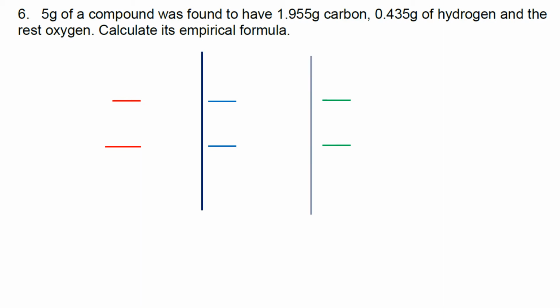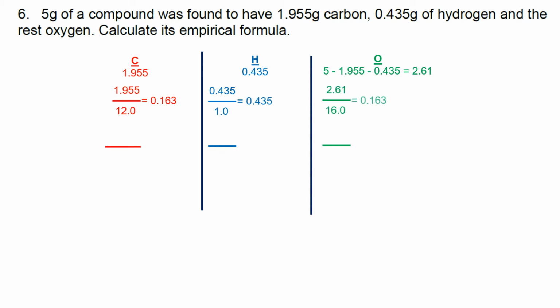Okay, so we've got carbon, hydrogen and oxygen. Oxygen, the missing mass was 5 minus 1.955 minus 0.435, so it's 2.61. Divide each one by the atomic mass. So carbon gets divided by 12, hydrogen by 1, oxygen by 16. Divide each one of those by the smallest number, which is 0.163. So we get 1 to 2.67 to 1.